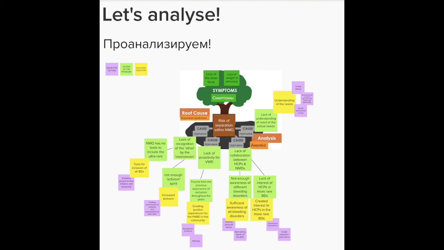The concrete steps that can be taken are sharing personal stories and start talking about all the bleeding disorders. And also interest of the healthcare professionals in the more rare bleeding disorders. Here concrete steps listed are create networks or joint clinics and international telemedicine. And also for the other causes and sub-causes, we have already identified some concrete steps that can be taken.